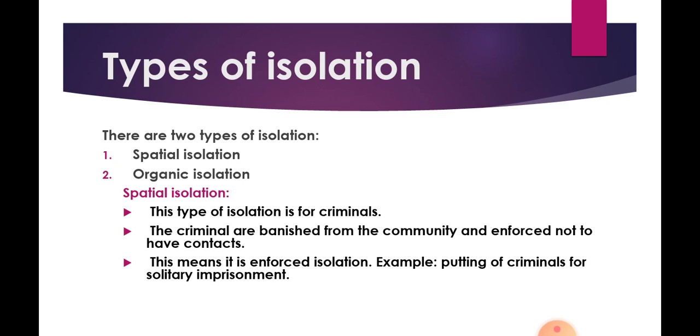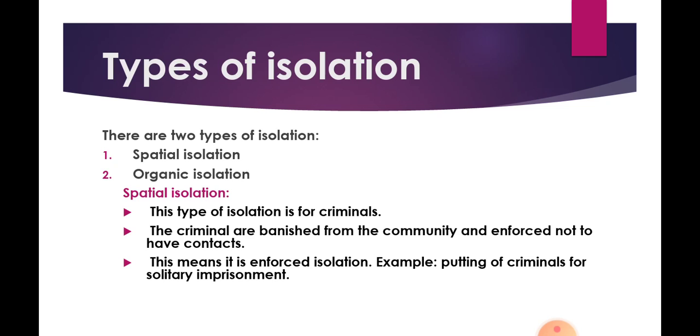Now we will discuss types of isolation. There are two types of isolation. First, spatial isolation. Second, organic isolation. First, spatial isolation includes the following. This type of isolation is for criminals.